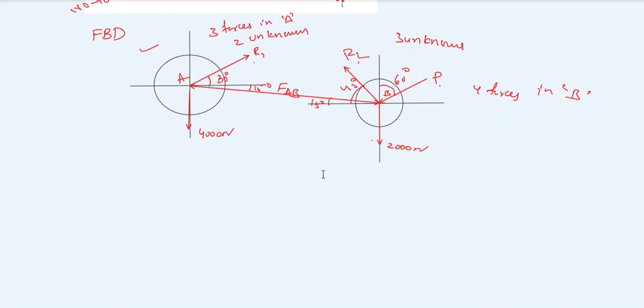So let us redraw the free body diagram, FBD, again. Let me draw the FBD for body A, only body A. According to our requirement, I am going to use the law of transmissibility to solve the unknown forces.